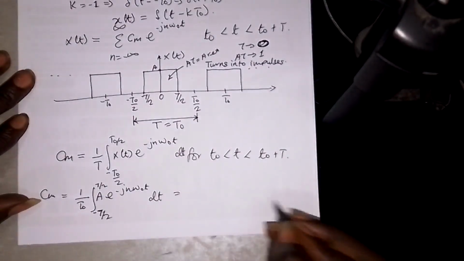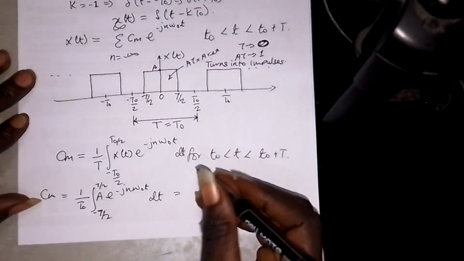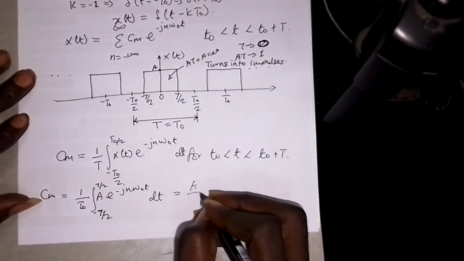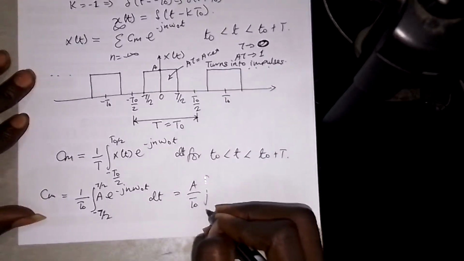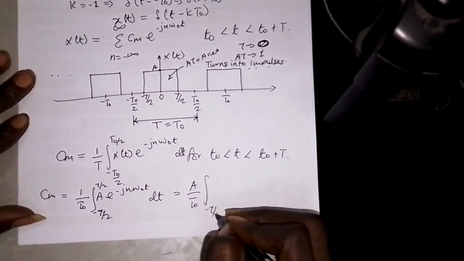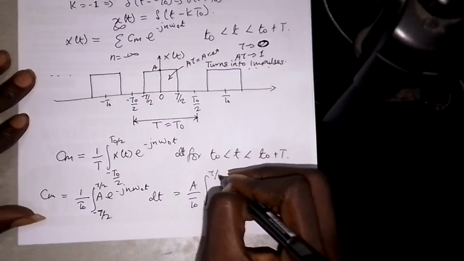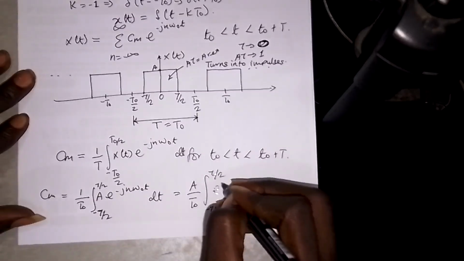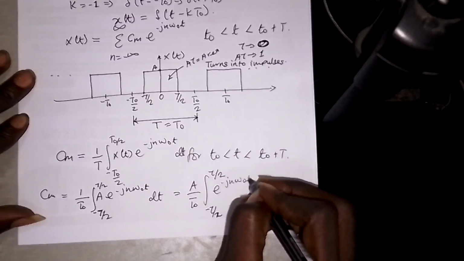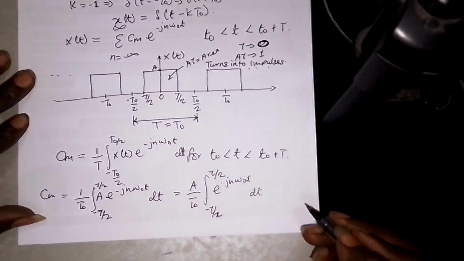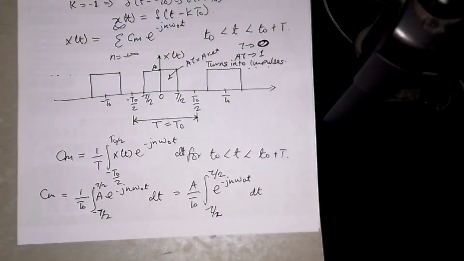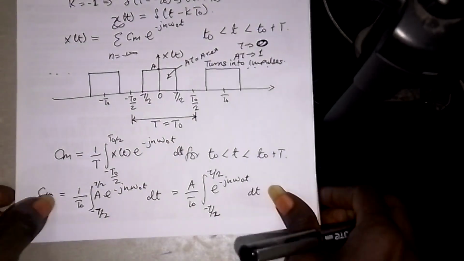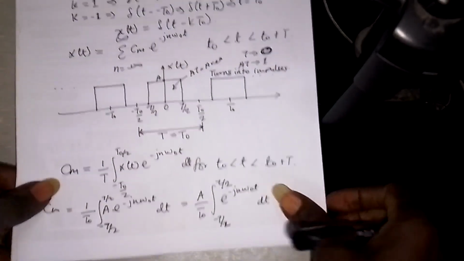So this is equal to A over T naught, integrated from minus tau on 2 to tau on 2 of e to the minus j n omega naught t, dt. This is the function we are going to have. From here, we have to integrate this particular function. Let's see how we can do that.